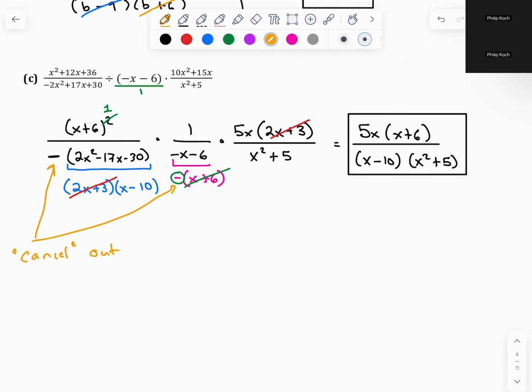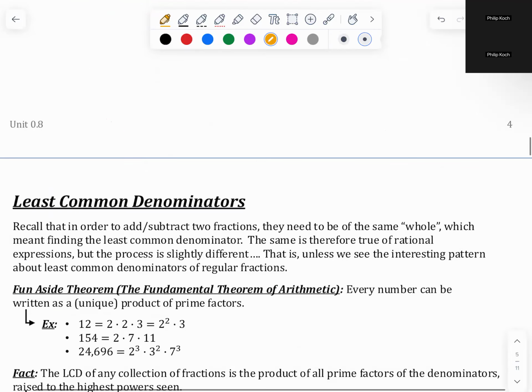No worries. If you remember, we've talked about multiplication of rational expressions, but we also need to talk about addition and subtraction. The reason we talked about multiplication first is because, much like with regular fractions, in order to add two fractions, they need to have the same whole. They need to have a common denominator.